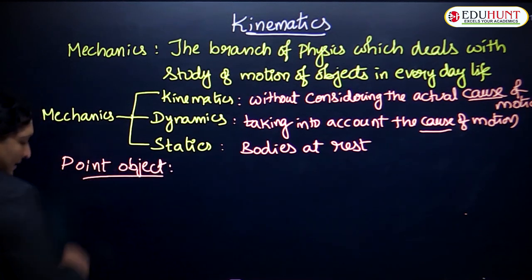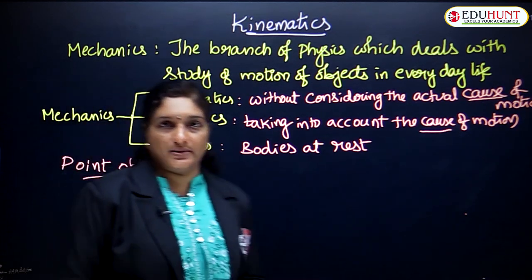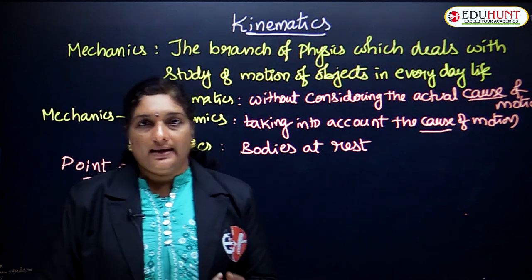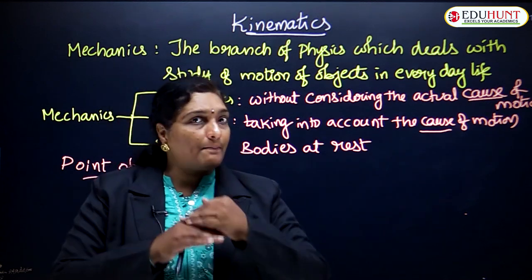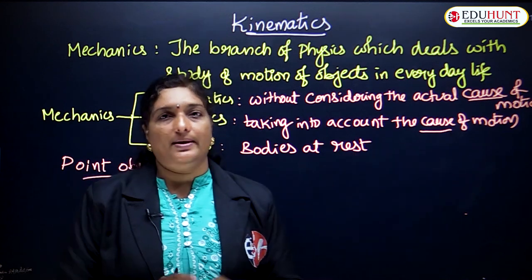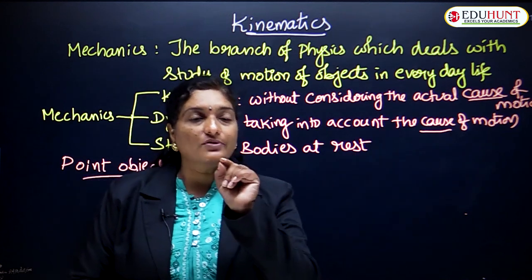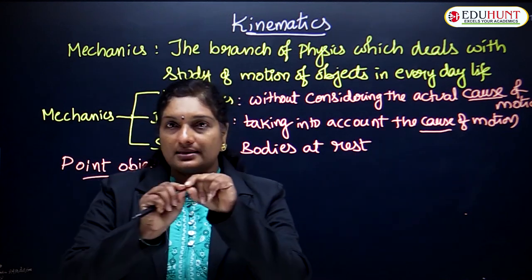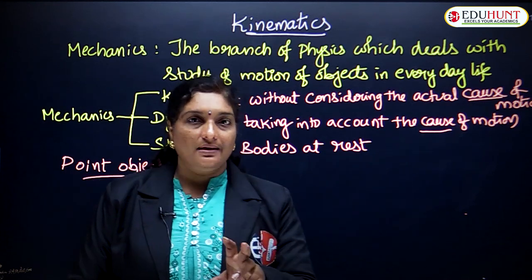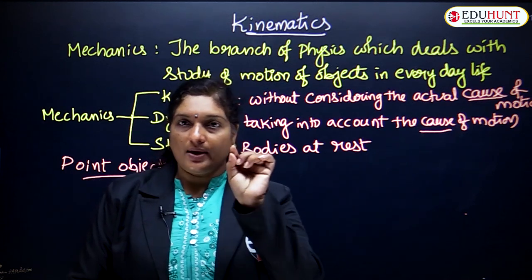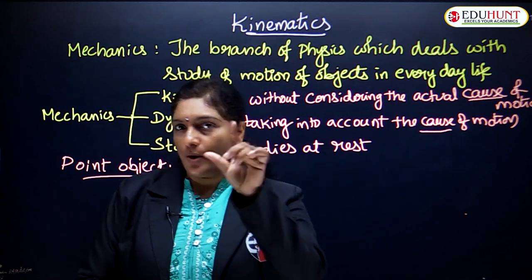So to understand, what is meant by a point object? If the size of the object is very small as compared to the distance travelled by the body, we say that the body is considered to be a point object.